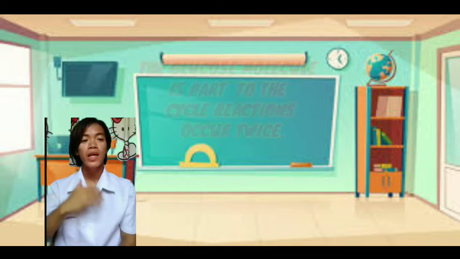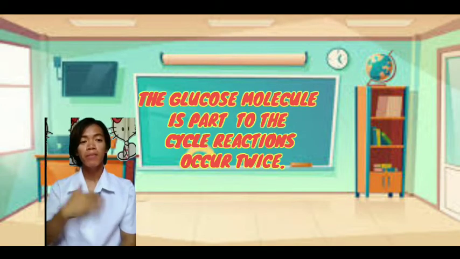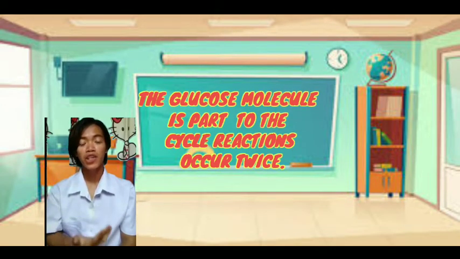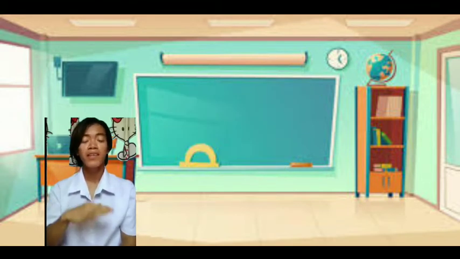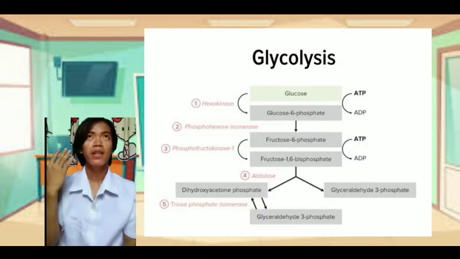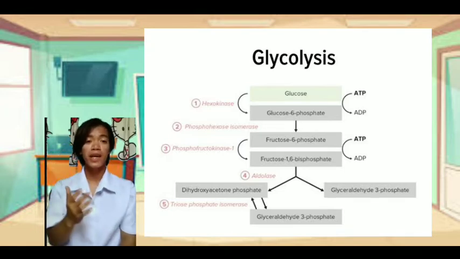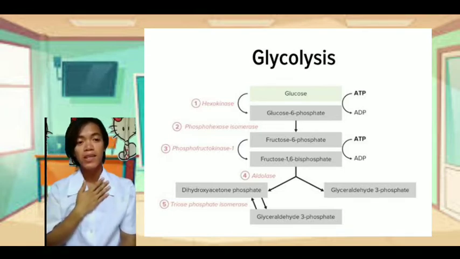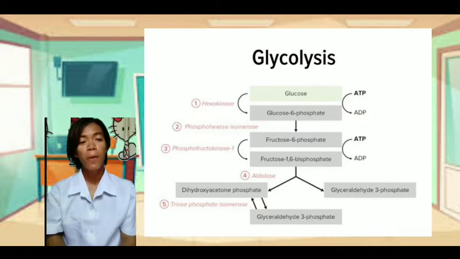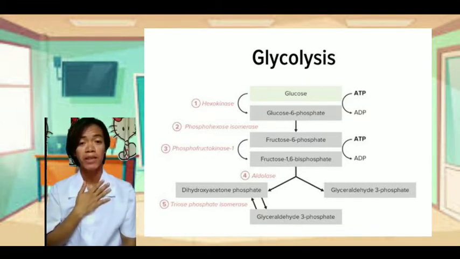For each glucose molecule, the cycle reactions occur twice, and 2 pyruvate molecules are formed.